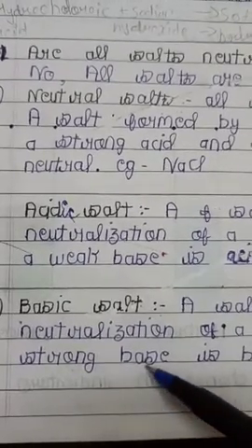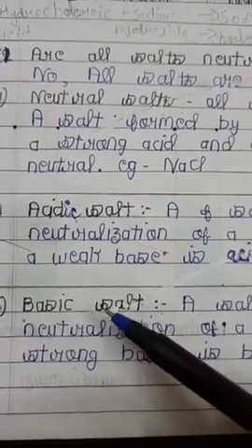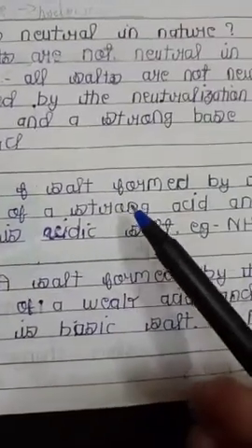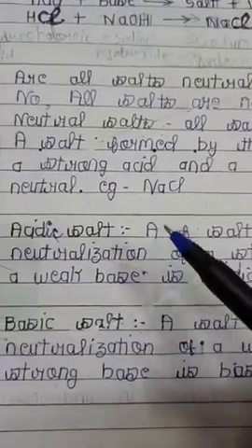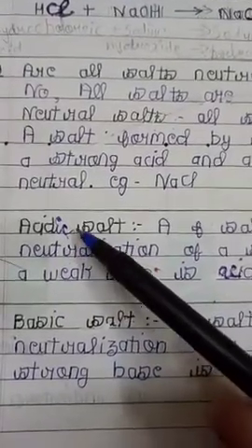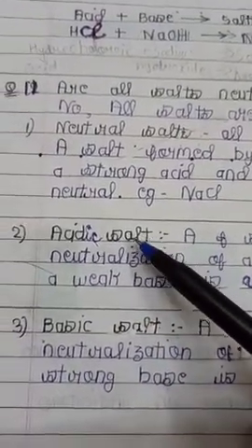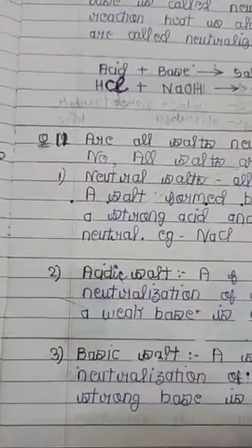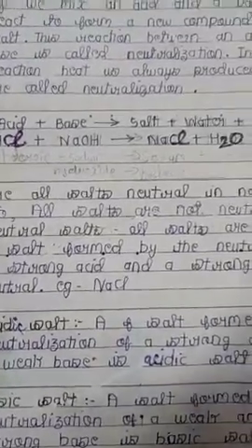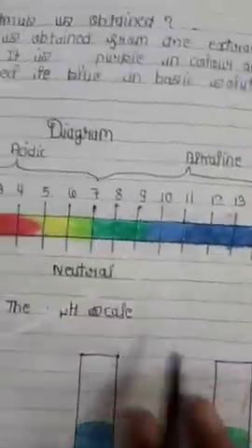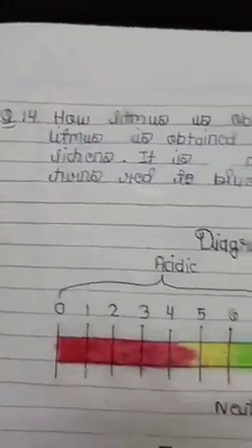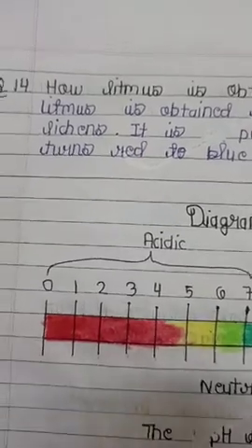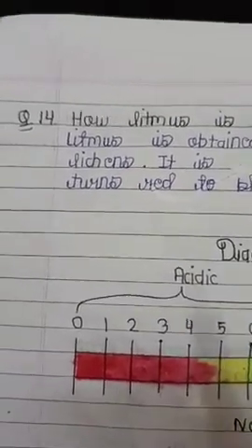Since we have taken a strong base, the salt becomes basic in nature. And where we take a strong acid, the salt becomes acidic in nature. So children, all salts are not neutral in nature. Neutral salts are only formed when we use strong acid and strong base during the neutralization reaction.